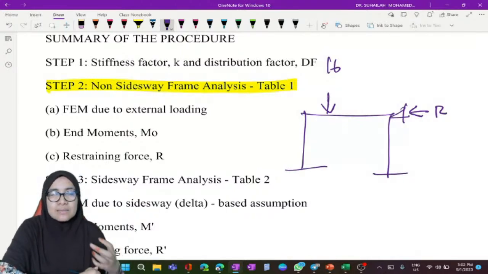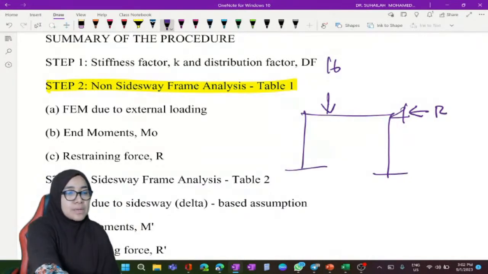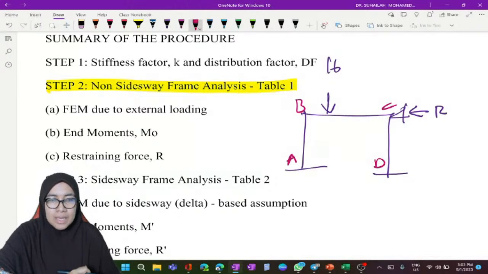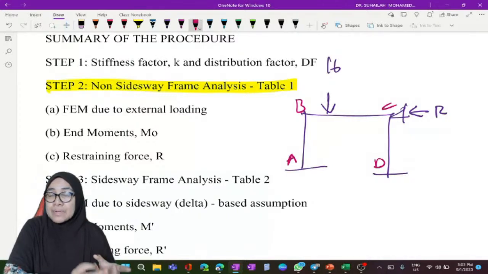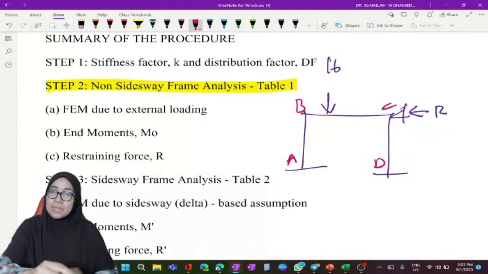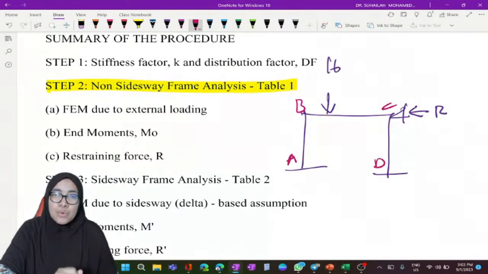It is a non-sidesway frame because of the support that we put at C. So this is the one that we analyze in table number 1.